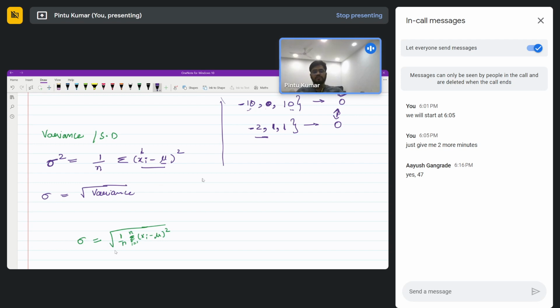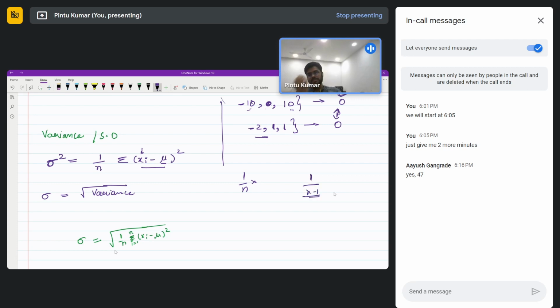One more thing, a very small thing over here. You might have noticed in the lecture that at many places while calculating covariance or variance, he has multiplied by 1 by n, and at some places he has divided by n minus 1.